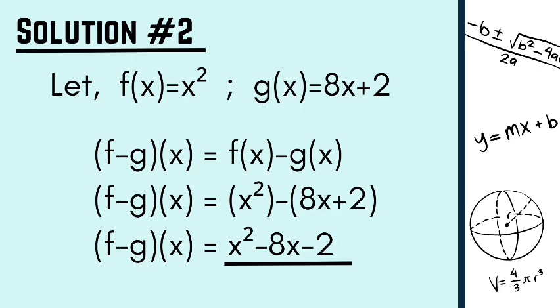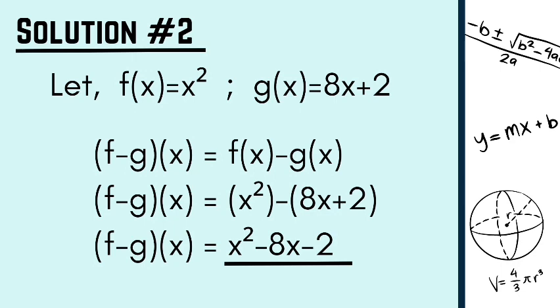So, f minus g of x is equal to f of x minus g of x. So, just like what we did in the addition, let's substitute the value of f of x as x squared and the value of g of x as 8x plus 2.